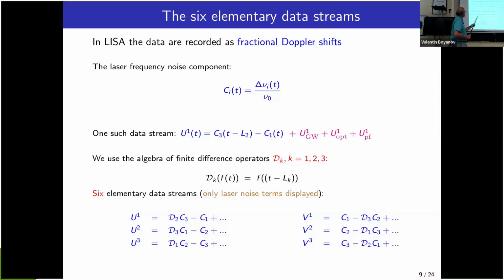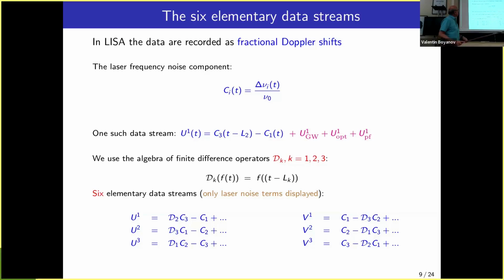So here we use the algebra of finite differences, D_k, where D_k of a function f(t) is f(t minus L_k). That means you just relate your data by the time L1 or L2 or L3, and so on.